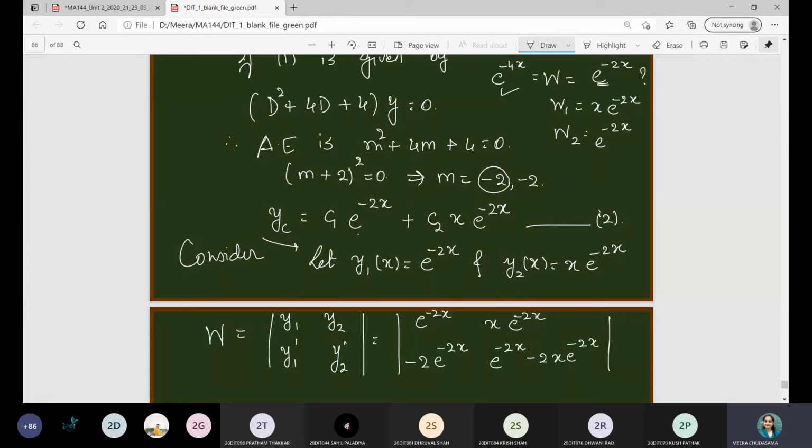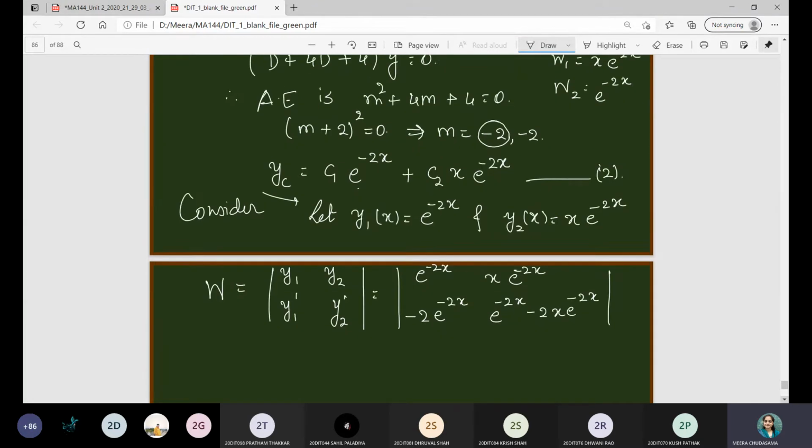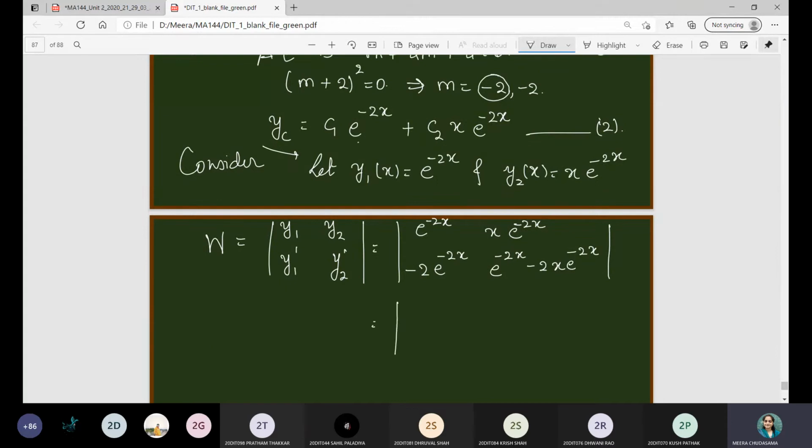So you can see that from this one I can write it as, first of all, e raised to minus 2x I can consider common for both of these expressions, or you can multiply it accordingly. So this is nothing but e raised to minus 4x minus 2x into e raised to minus 4x.